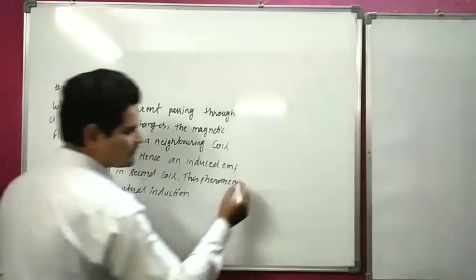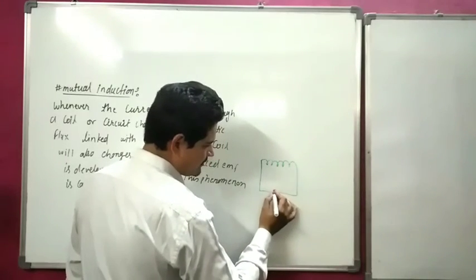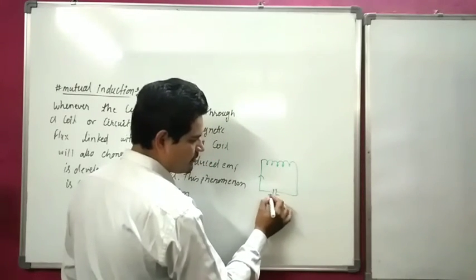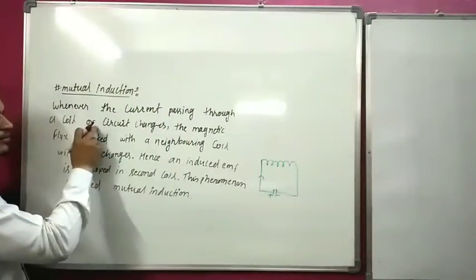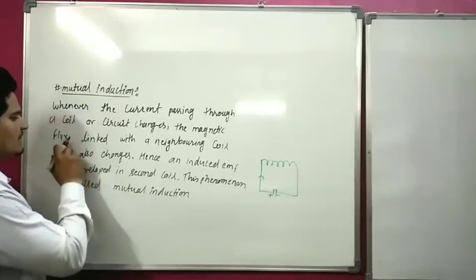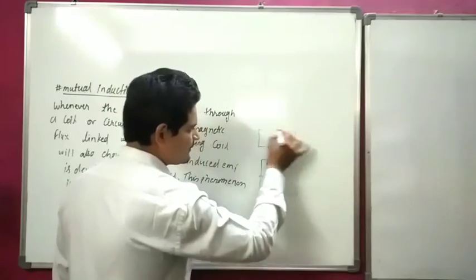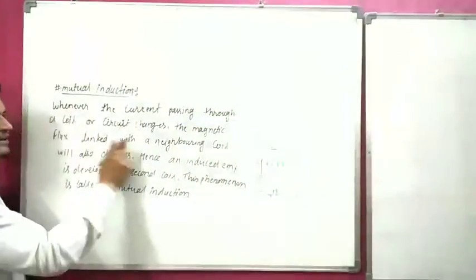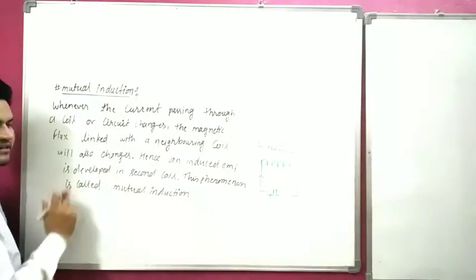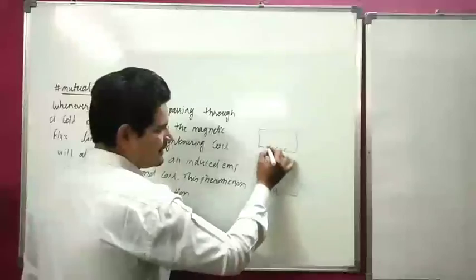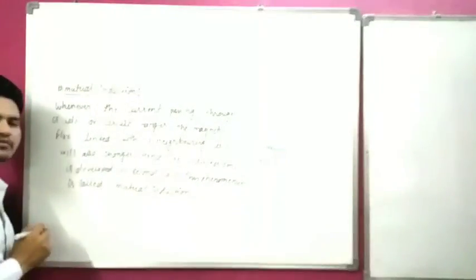Whenever we are considering this is a coil, and whenever current flowing in this coil is changed, the magnetic flux linked with the neighboring coil, this is our neighboring coil, will also change. Hence, an induced EMF is developed in the second coil. So, in this coil, an induced EMF will develop. This phenomenon is called mutual induction.